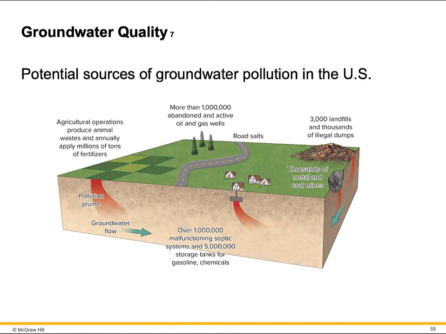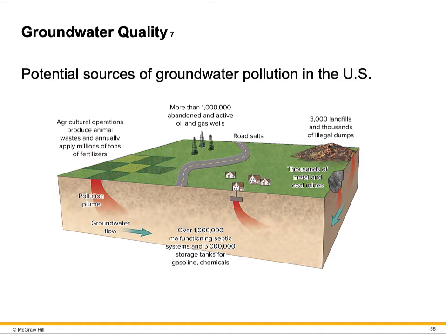Agricultural operations produce animal waste, and annually the application of millions of tons of fertilizer. And all this permeates through the soil into the groundwater. Thousands of metal and coal mines. There are 3,000 landfills and thousands of illegal dumps.